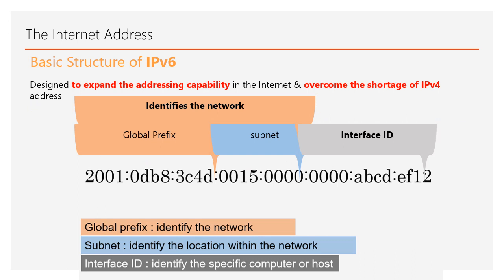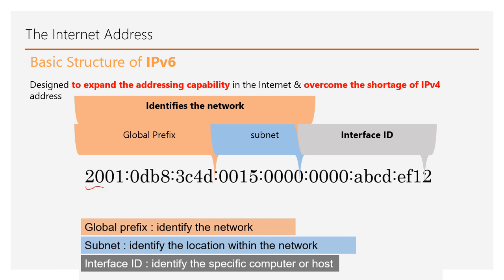Now let's take a look at the basic structure of IPv6. IPv6 consists of 8 groups of 4-digit hexadecimal numbers. So the first group, the second, third, fourth, fifth, sixth, seventh, and eighth groups of hexadecimal numbers.